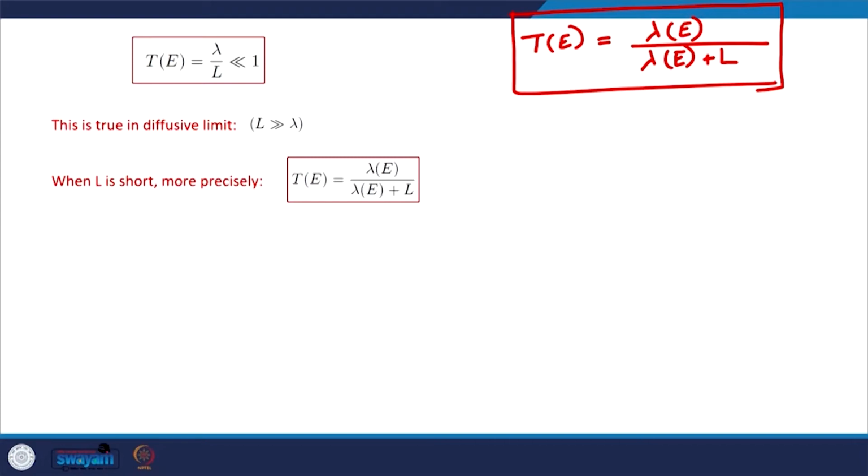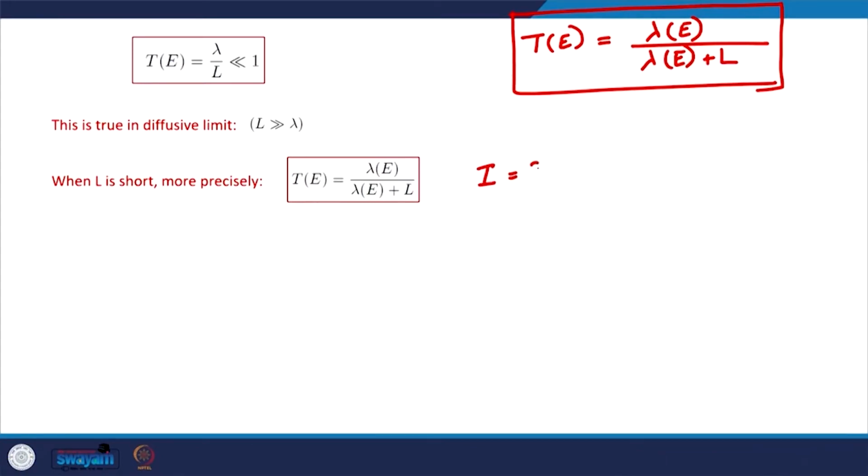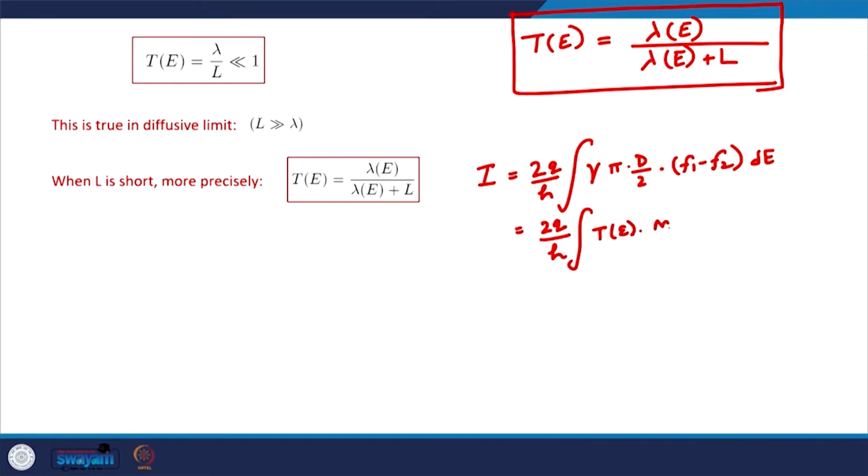So, we are now in a situation to find the exact expression for the current in the case of diffusive transport. The expression for the current, as you might recall, is gamma pi d by 2 times F1 minus F2 integrated over all energy values. This was written as TE times number of modes times F1 minus F2 times dE.